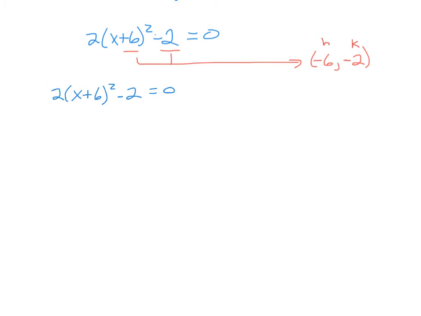I can move the 2 by simply adding it on both sides. That's easy enough to do. It cancels here, and on that side I end up with 2.